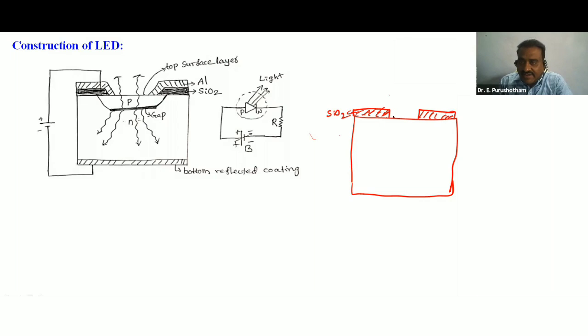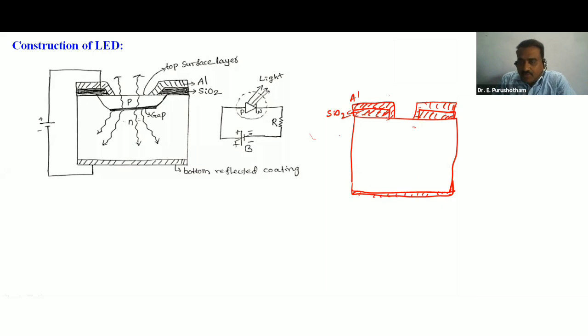Above this silicon dioxide it is also coated with a third group element, that is aluminum. So this bottom surface is also coated with aluminum paint. This is the bottom reflecting coating.